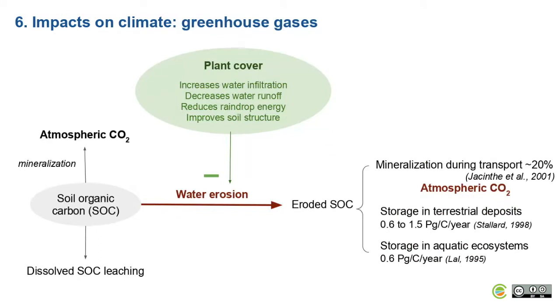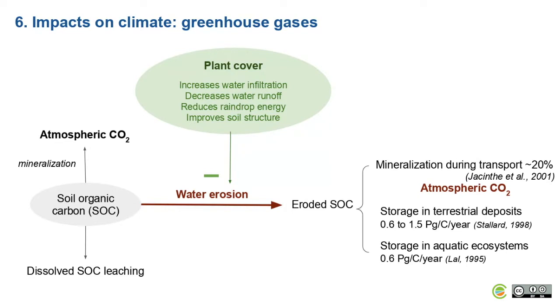But it can also have impacts on greenhouse gases. First, increasing vegetation means that there might be more carbon sequestrated in plant biomass. But vegetation can also reduce water erosion by decreasing water runoff or improving the soil structure by decreasing the detachment of soil particles. So there will be less eroded soil and carbon that can be transported by water into waterways.